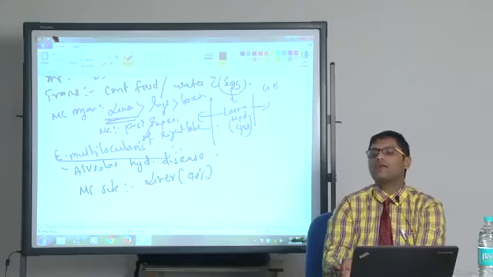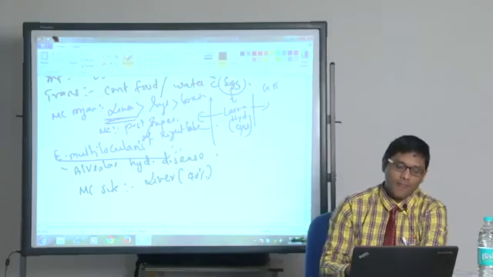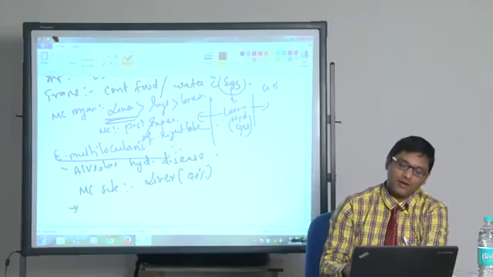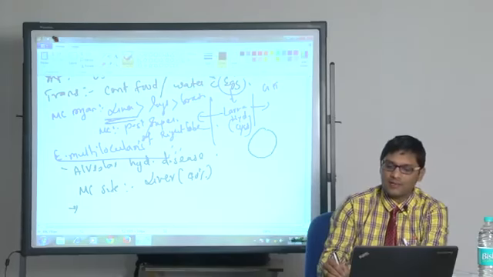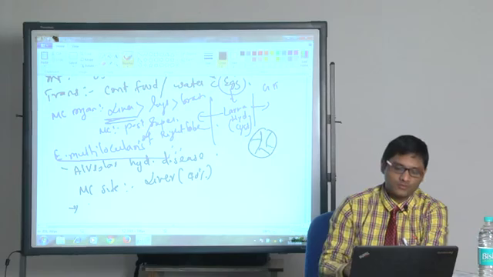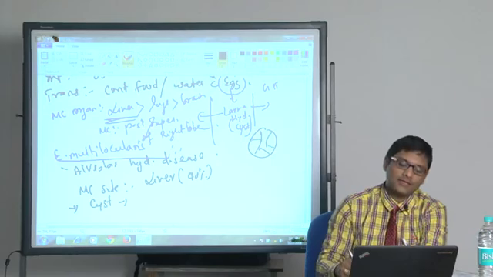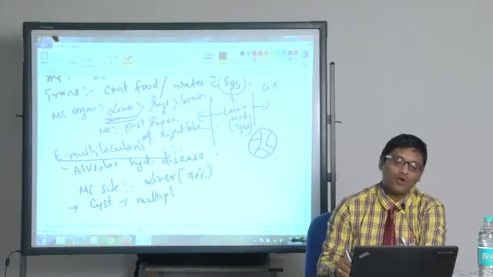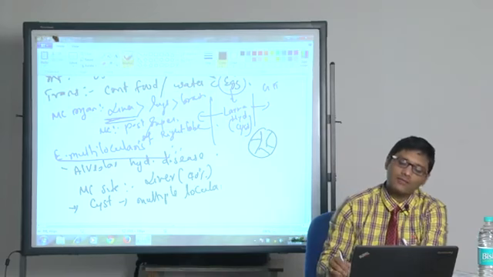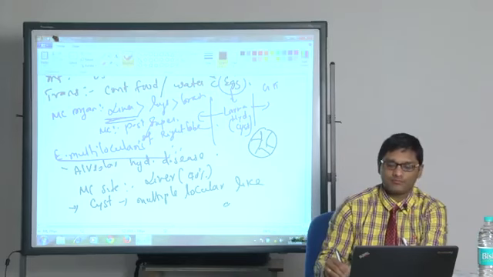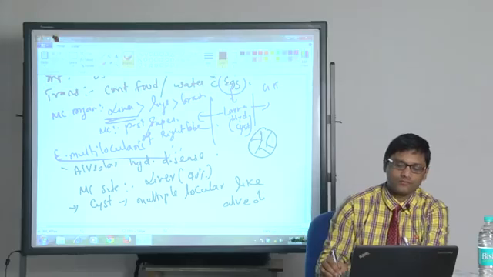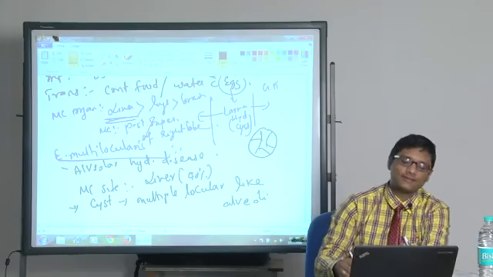Why is it called alveolar hydatid disease? Because here the cyst has multiple locules. Here the hydatid cyst has multiple locules resembling alveoli. That is why it is called alveolar hydatid disease.